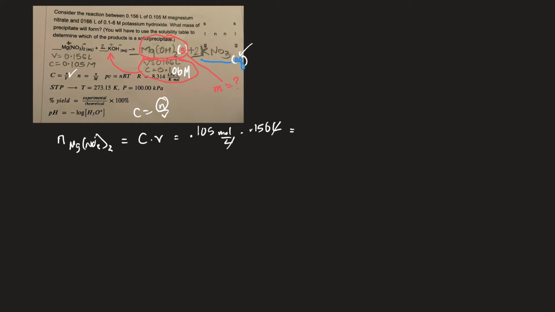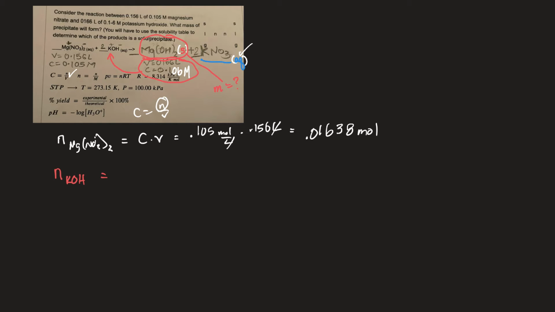0.105 times 0.156. There we go. 0.01638 moles. Okay, now let's figure out the moles of potassium hydroxide.